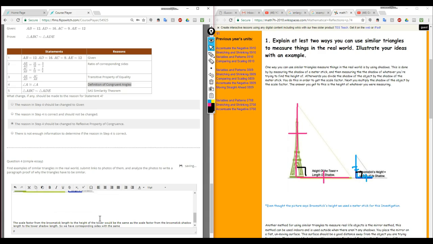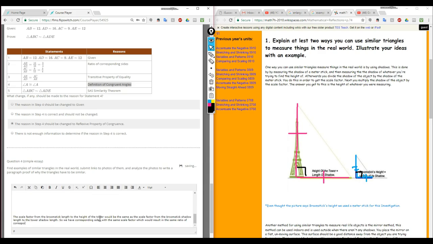With the same scale factor, which would result in the same ratio of corresponding sides.